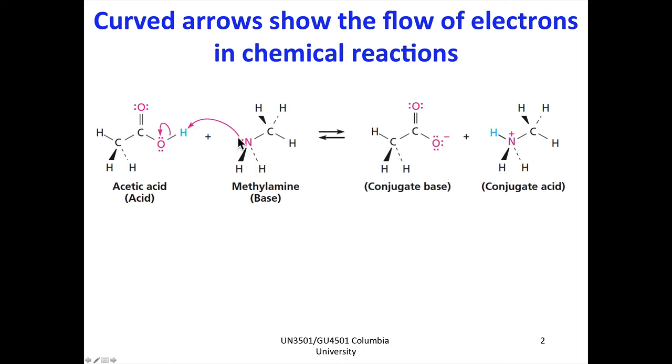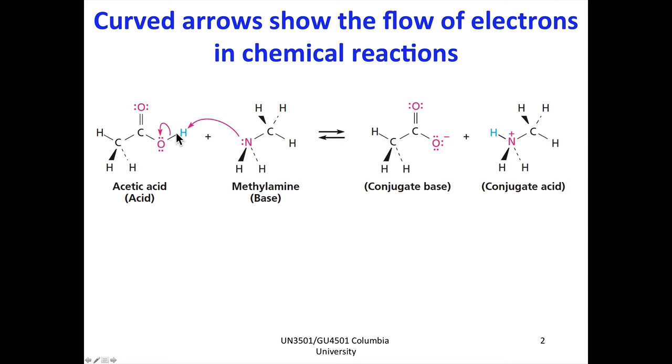That means the arrow is showing you where the electrons start, like in this case the lone pair on the amine, on methylamine, which is acting as the nucleophile. These electrons are then moving over to grab the hydrogen nucleus, the proton, without its electrons, just the proton.